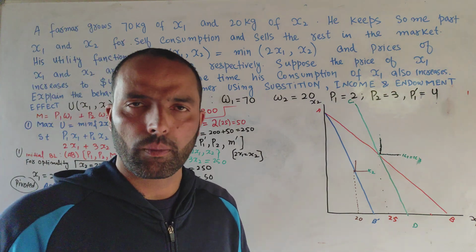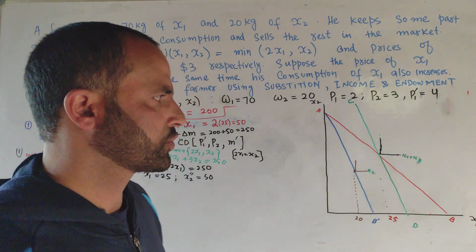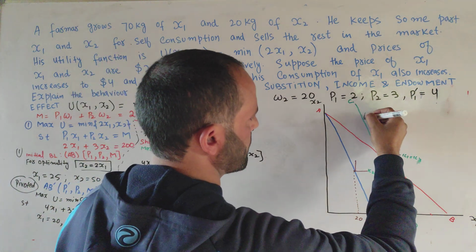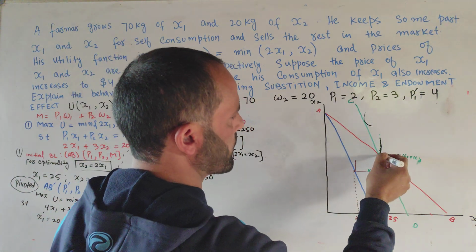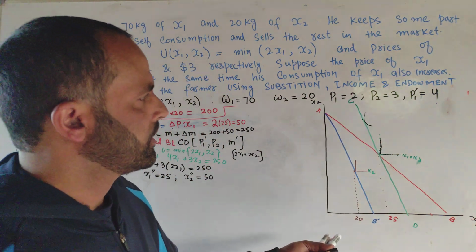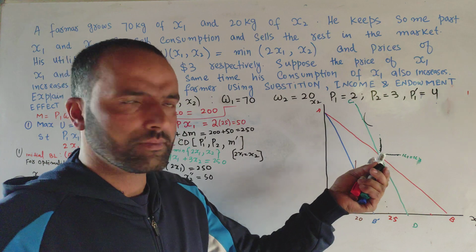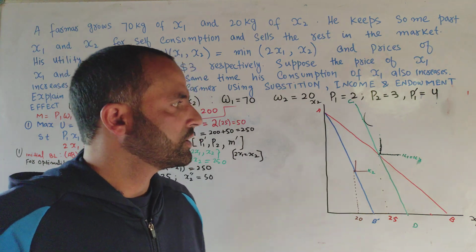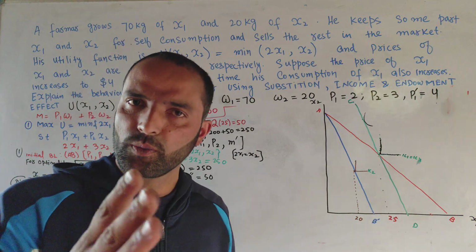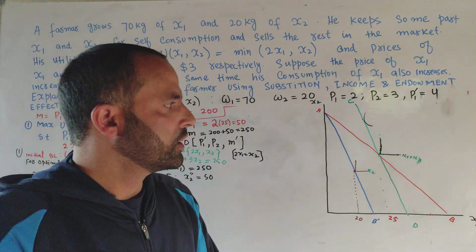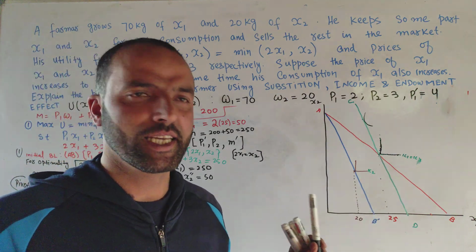If we have the Cobb-Douglas utility function, so our indifference curve could have been like this here. Then the movement from this to this we would have called the substitution effect. But since we have the perfect complementary utility function, consumer consumes the things in the proportionate order, so substitution effect will be here 0.